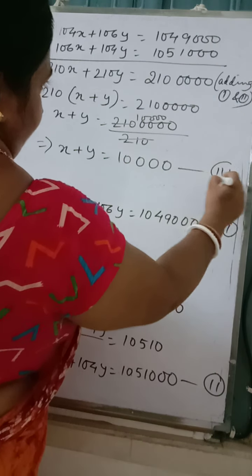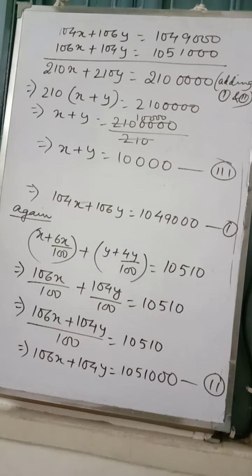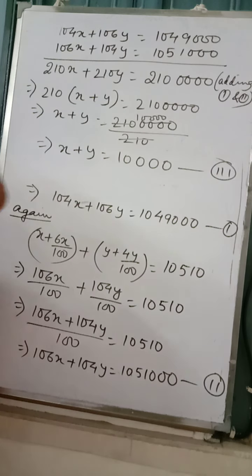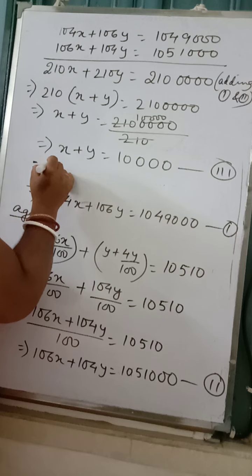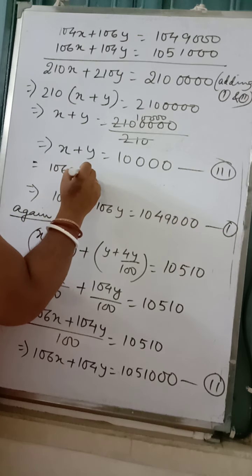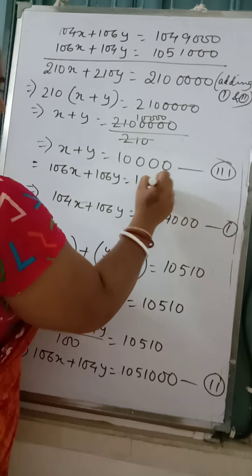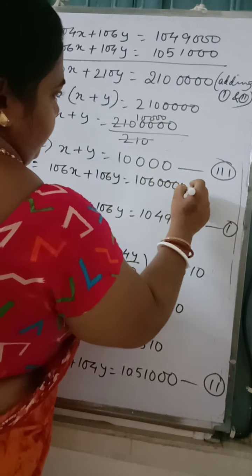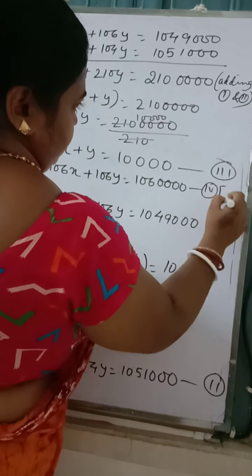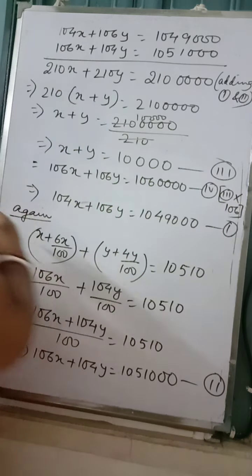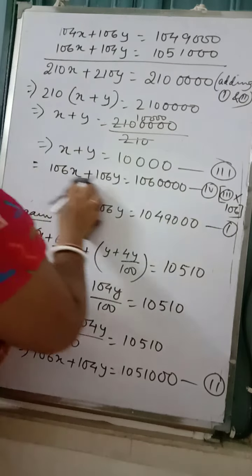Equation number 3. Now if I have to eliminate this Y, what can we do? We can write 106X plus 106Y is equal to 106, then 4 zeros. Equation number 4, that is 3 into 106. Now I am eliminating.